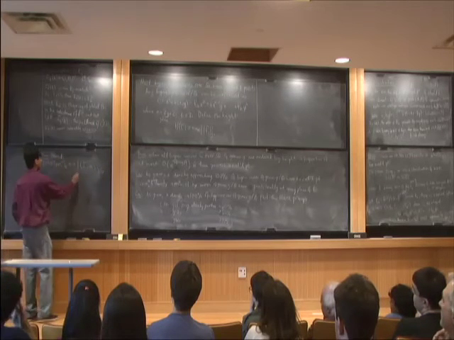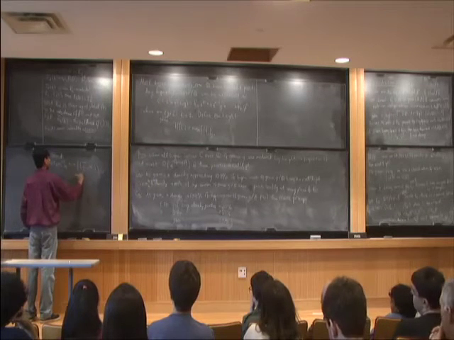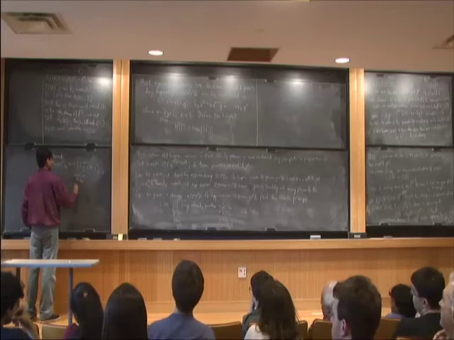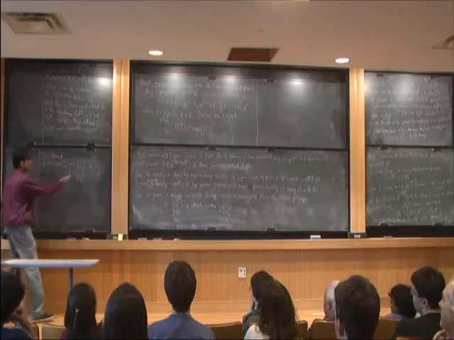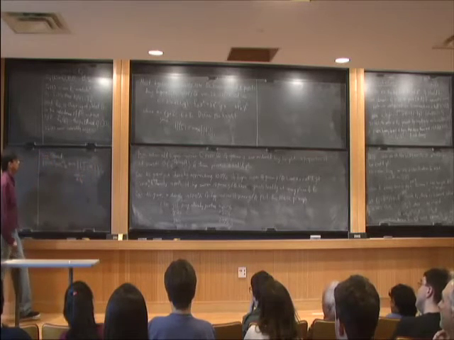So first of all, what is I? I is an ideal class of R_F, having rank n over Z. So it's some lattice inside K_F that's an R_F module. Okay.